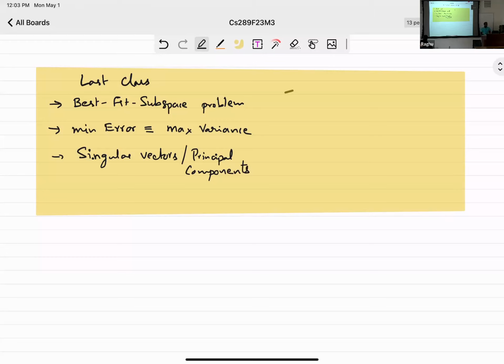And finally, we also had this idea that if you could find a single PC, then you could potentially find the next one by trying to solve the same problem again on a slightly different kind of data set, right? So we said span of first two PCs solves the best fit subspace.